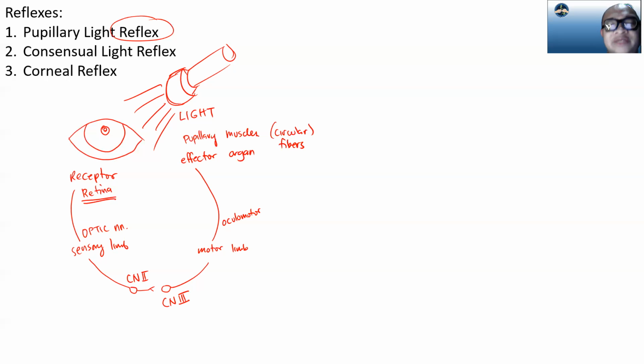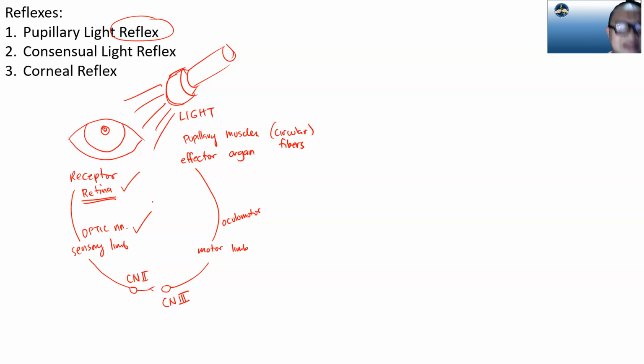Number one, just by shining a light and seeing the response, what are you checking? If there's a normal response, so you shine a light, the pupils constrict, normal pupillary light reflex. So you have ascertained, you have tested, you have proven that the retina is intact.